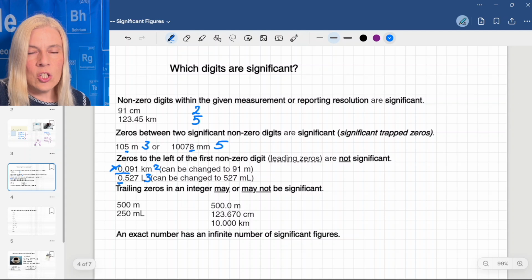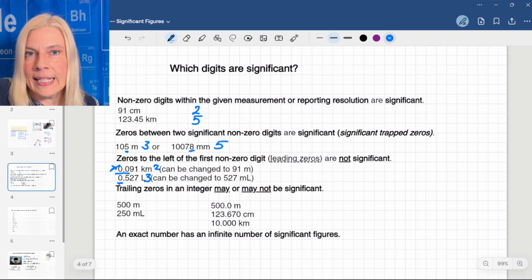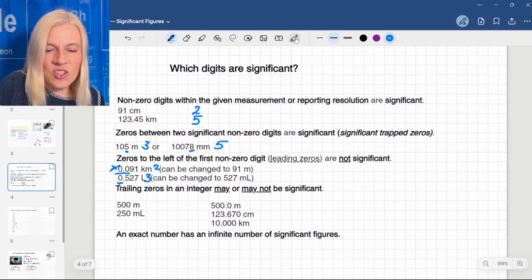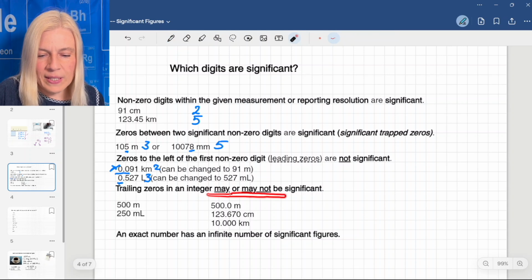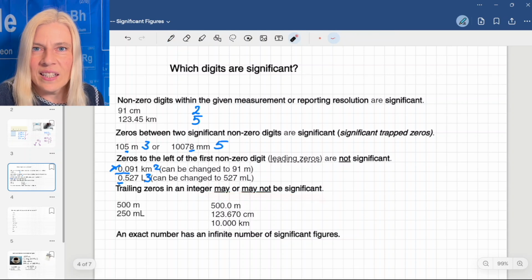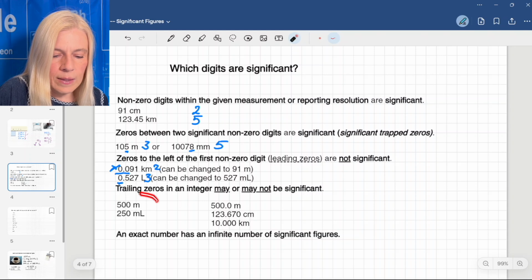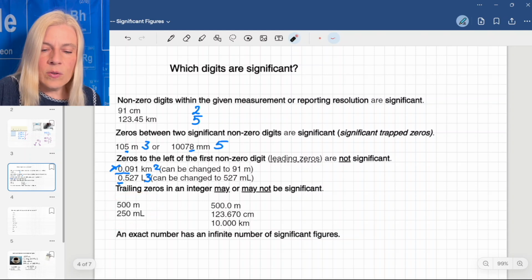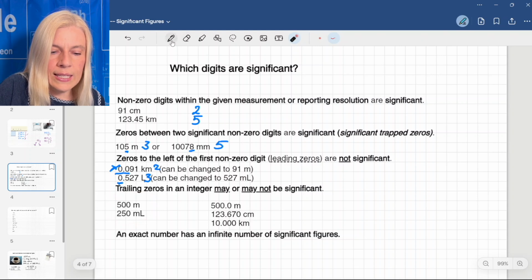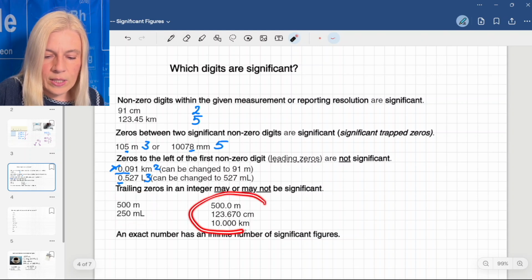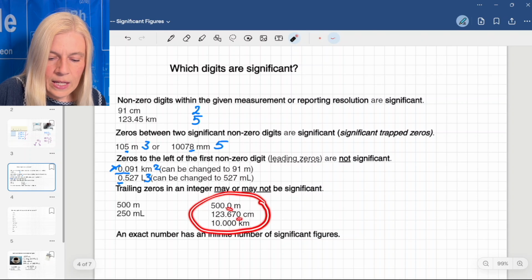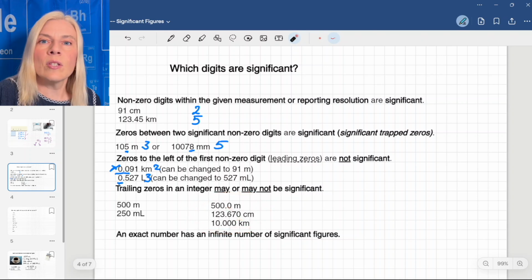All right. So the problem comes with trailing zeros. And trailing zeros may or may not be significant. And you say, oh, great. Which one is it? Well, let's look at these numbers. These numbers, we have just zeros at the end. So zeros at the end, we're going to say right here are not significant. But these zeros here at the very end are. So how do you know? Here is the rule.